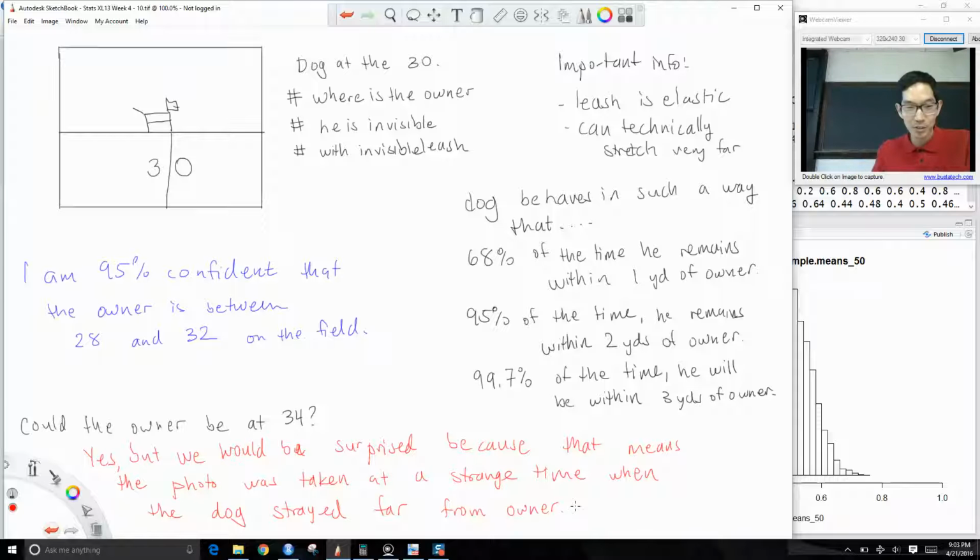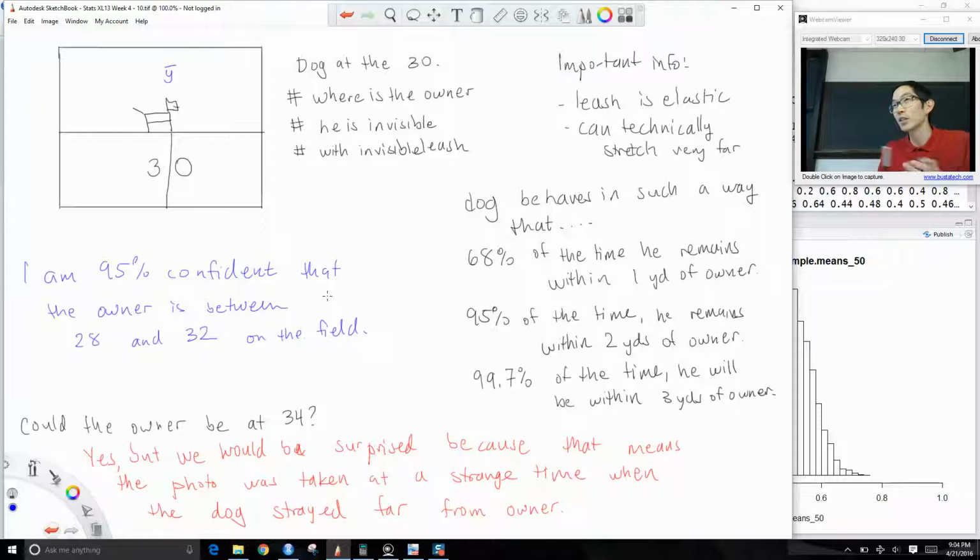Okay, so why did I tell you this? So the idea here is that we can see the dog, and the dog can be thought of as our sample mean y bar. We are allowed to see where y bar is located, okay? We don't know where the location of the owner is. We don't know where the population mean, mu, is. But where the dog can go is technically determined by where the owner decides to stand, right?